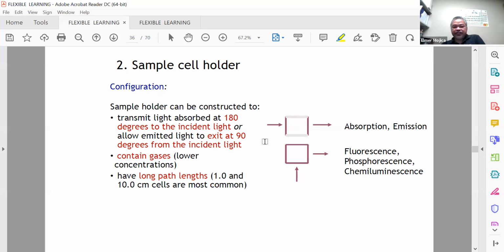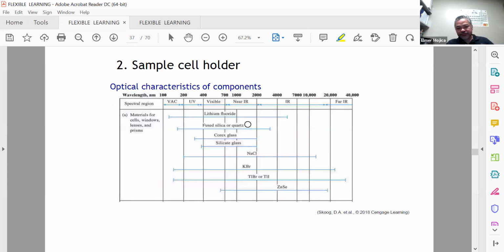It can contain gases at lower concentration. And as I've told you, you can have long path lengths. 1 centimeter and 10 centimeter cells are usually the more common ones. Okay. Now, if you're going to use the optical characteristics of the components that we have here, lithium fluoride will cover a wide range.